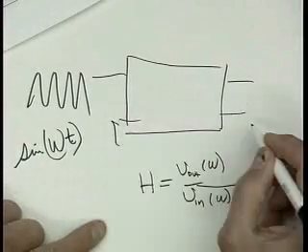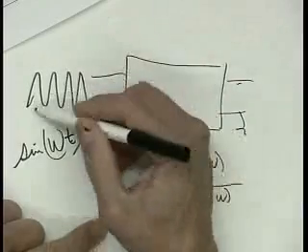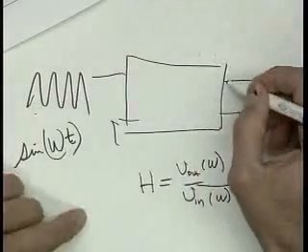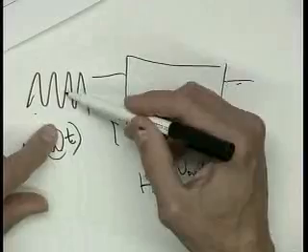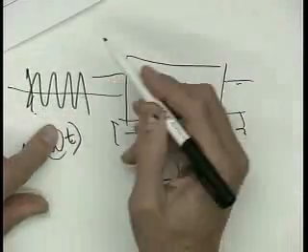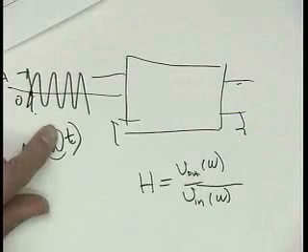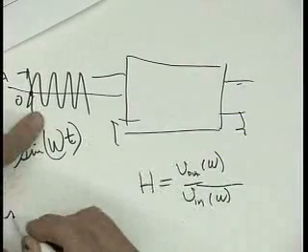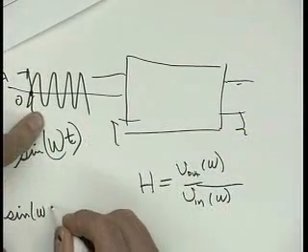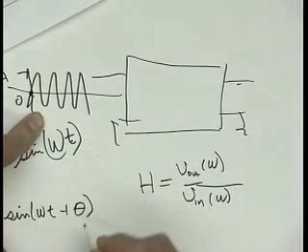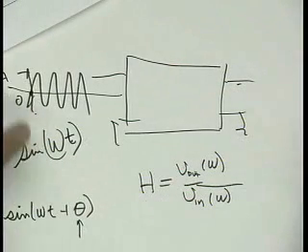Well, for any 2-port or any circuit, as you change the frequency, what will happen, typically, is there's an amplitude and phase. So this is amplitude A, and phase is where it crosses 0. If we really have sine of omega t plus theta, theta is the phase shift that we see with our driving signal.